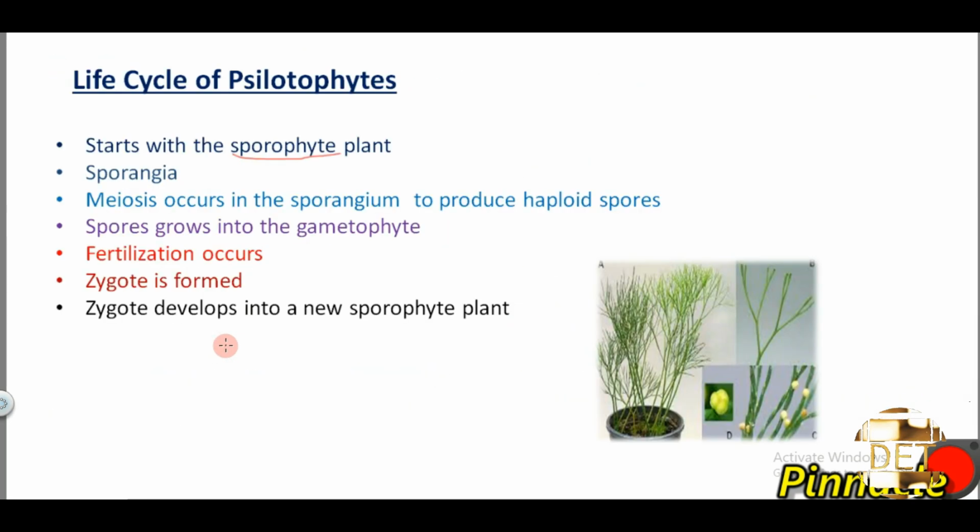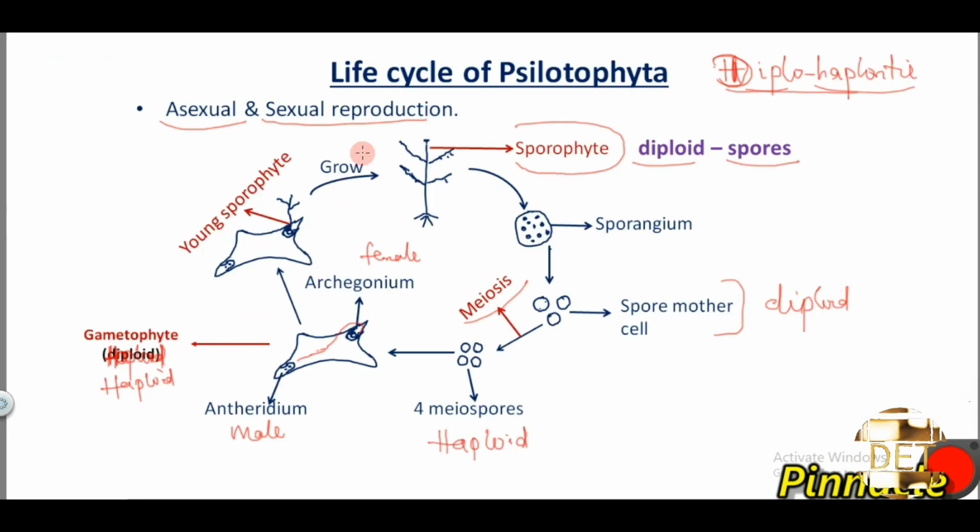So let's go back to when we looked at the life cycle of pteridophytes. This is the sporophyte plant. It contains the sporangium, right? Inside the sporangium, you have the spore mother cells. When meiosis occurs in these spore mother cells, each of them will produce 4 meiospores.